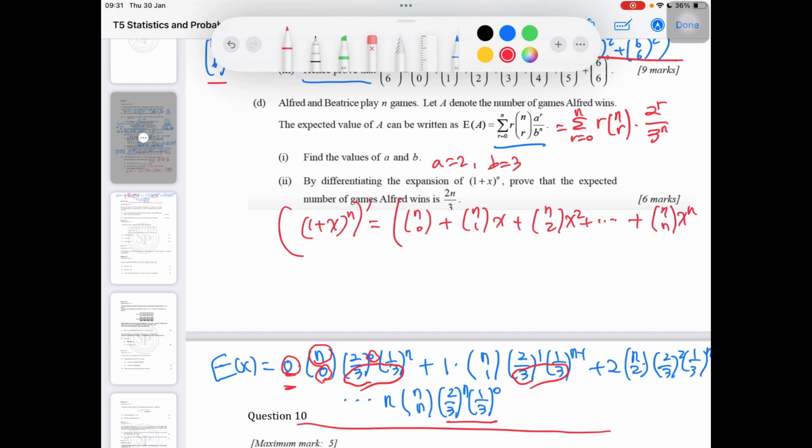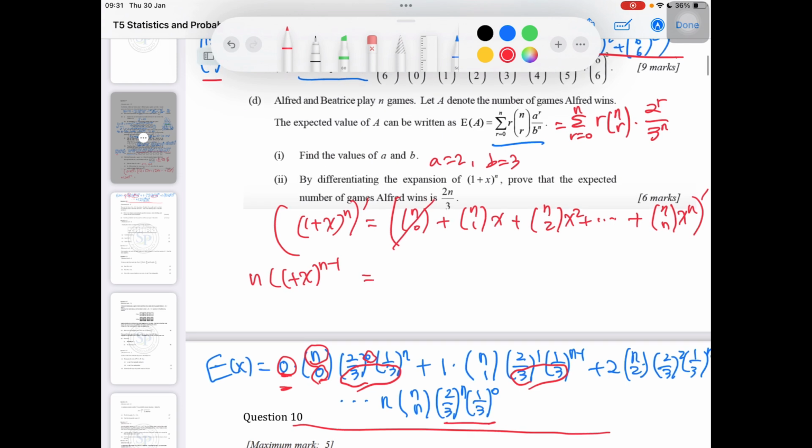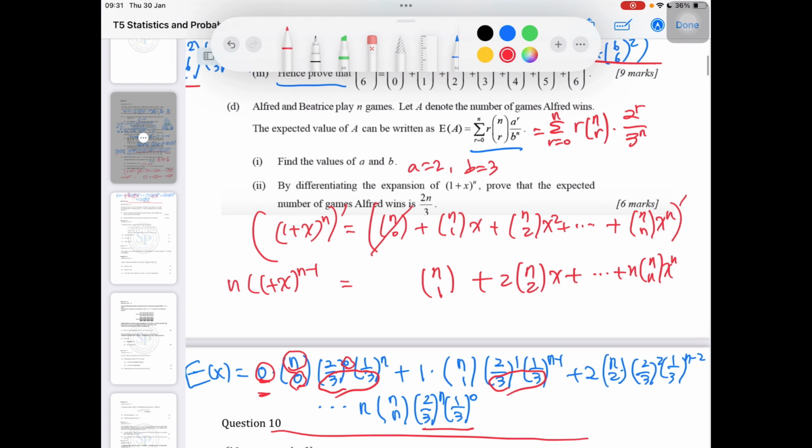So let's find the derivative on both sides. n (1 plus x) to the power of n minus 1 equals, the constant term becomes zero so we don't have it anymore, nC1 plus 2 nC2 x, and so on, plus n nCn x to the power of n minus 1. This is the result of the derivative.